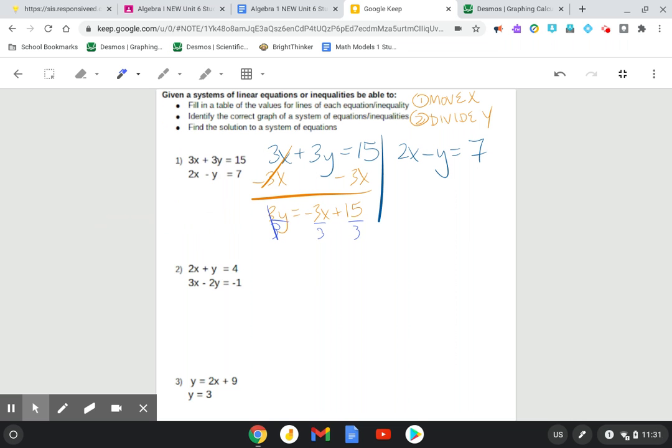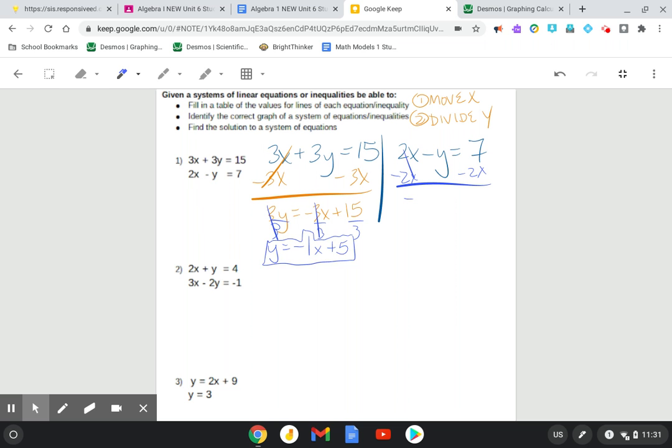And then I get y equals negative 1x, because the 3's are going to cancel but the negative will still be there, plus 5 because 15 divided by 3 is 5. So there's my first equation, y equals negative 1x plus 5. On the other side, I subtract 2x from both sides.